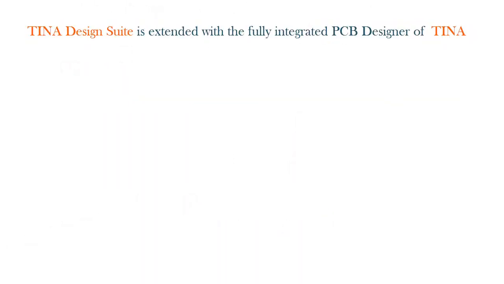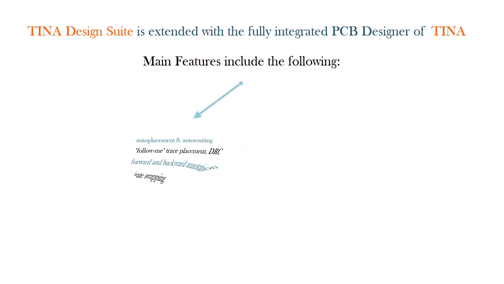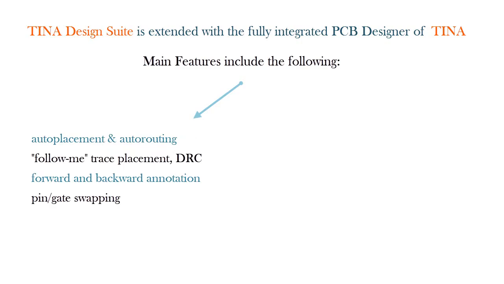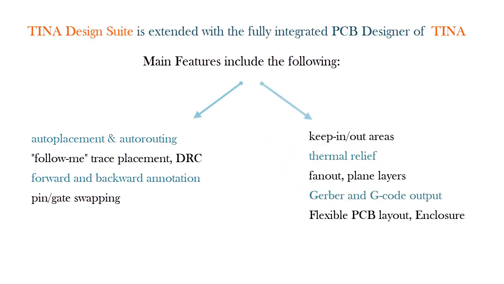TINA Design Suite is extended with the fully integrated PCB designer of TINA. Main features include the following: auto placement and auto routing, follow-me trace placement, DRC, forward and backward annotation, pin and gate swapping, keep-in and keep-out areas, thermal relief, fan-out, plane layers, Gerber and G-code output, flexible PCB layout, enclosure, and more.